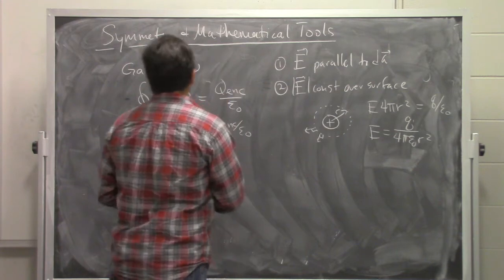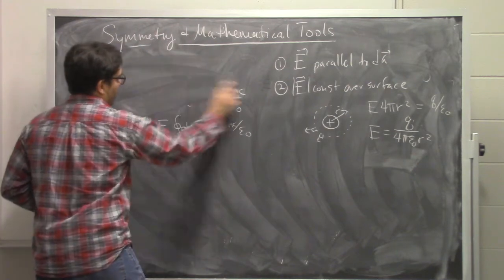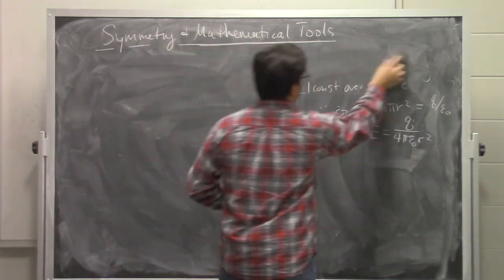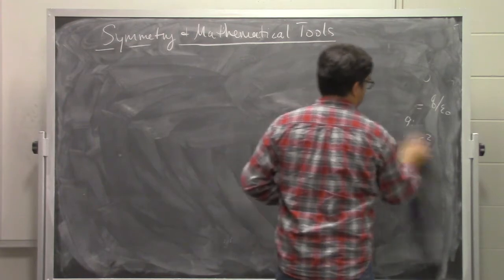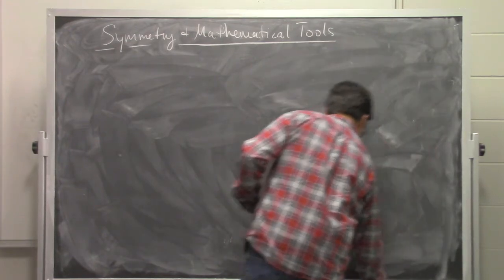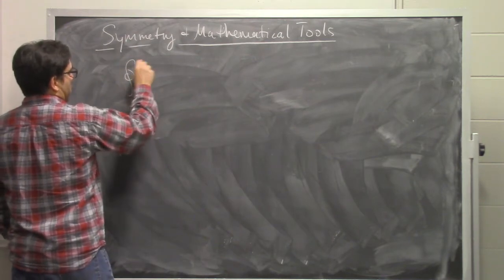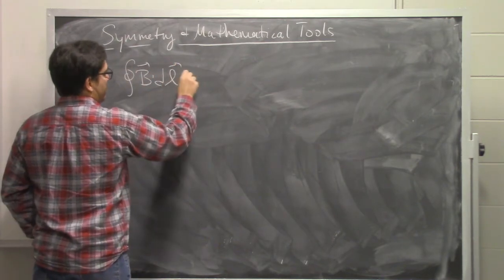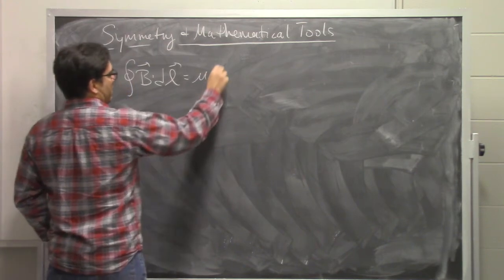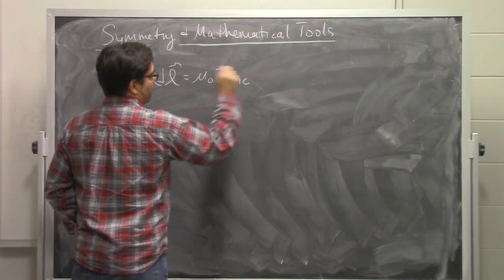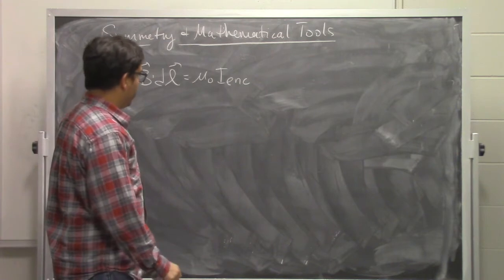A similar mathematical tool that we developed was called Ampere's law, and that was for magnetic fields. That one was slightly different in that instead of a surface integral, what it's looking at is an integral along some path of the magnetic field, which is equal to the total enclosed current times mu naught.